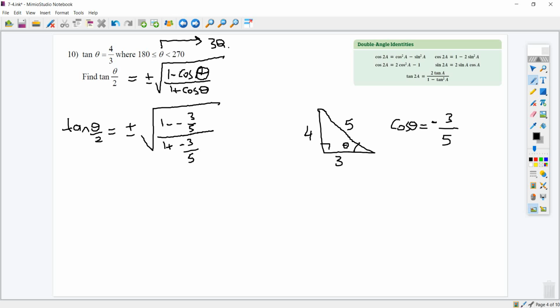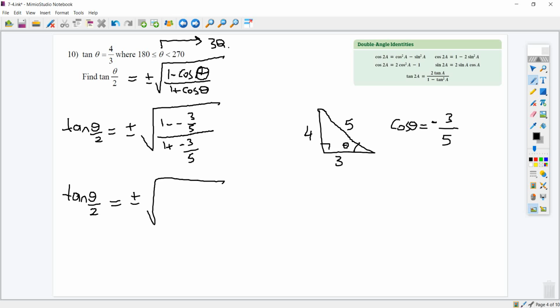So that's the answer. Remember, we prefer to use the half angle formula here. Maybe that was a shortcut, but we could get the same answer using the double angle formulas.